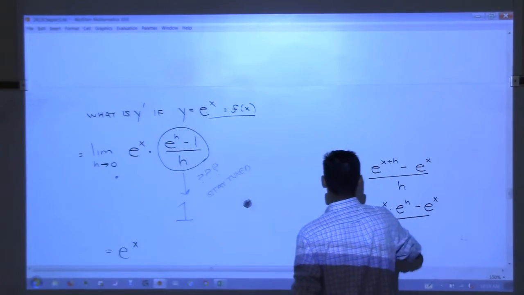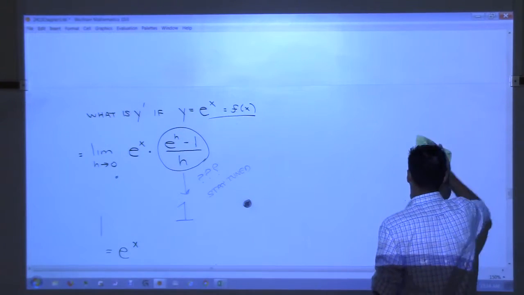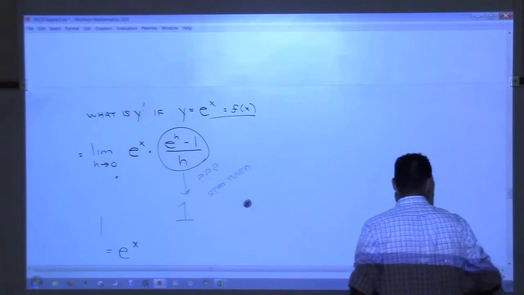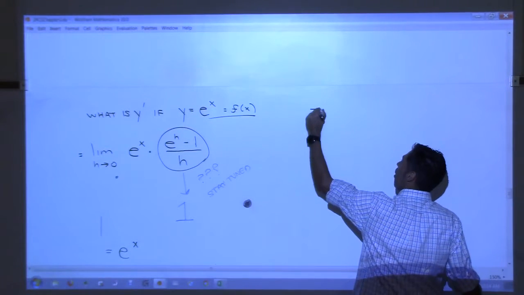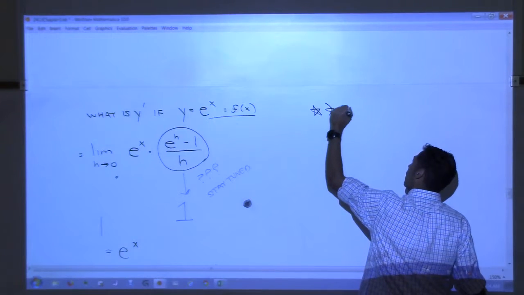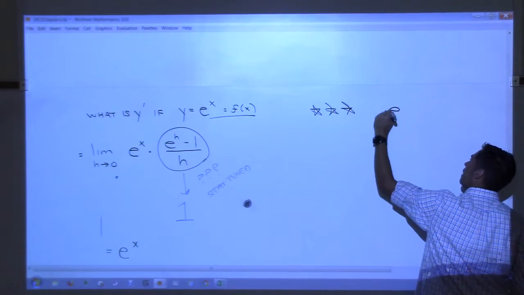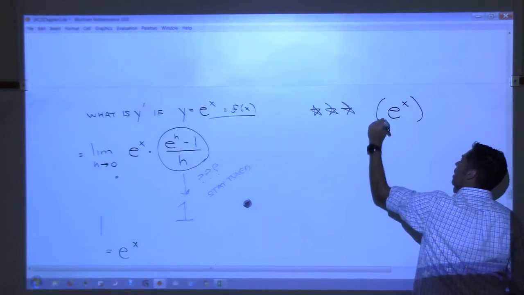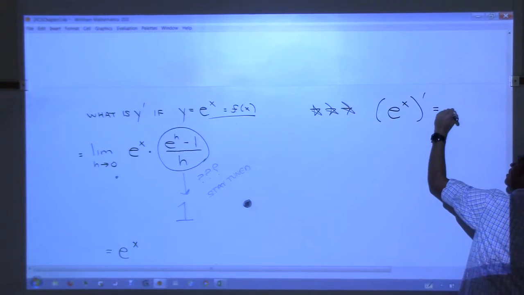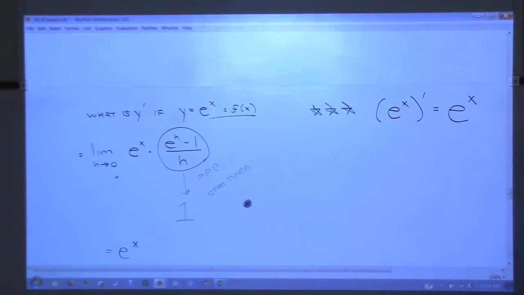Okay, you got that? Derivative of e to the x is itself. So I'm going to put this up here, big old stars next to it. E to the x, its derivative is itself.